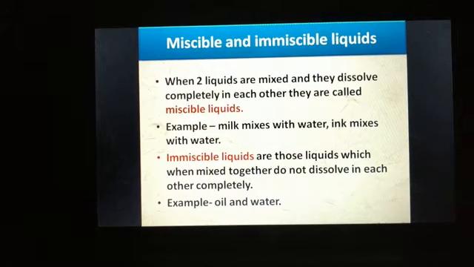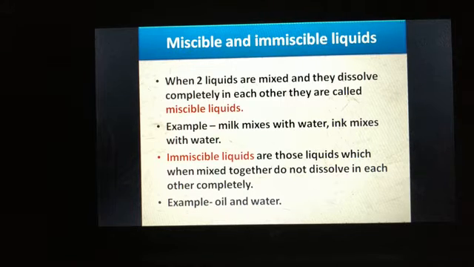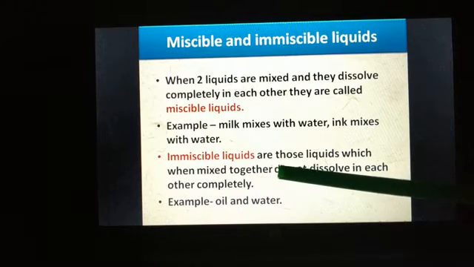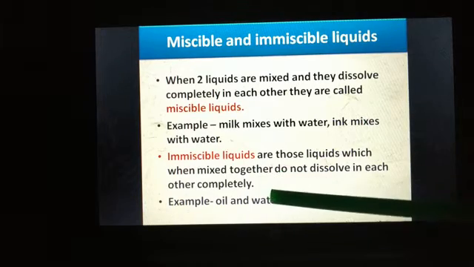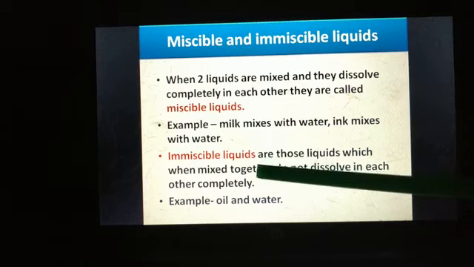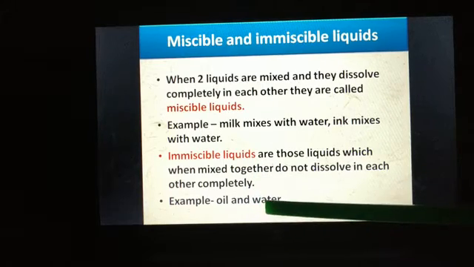Immiscible liquids are those liquids which when mixed together do not dissolve in each other completely. So there are some liquids which do not dissolve with each other and these are called immiscible liquids. For example, oil and water.